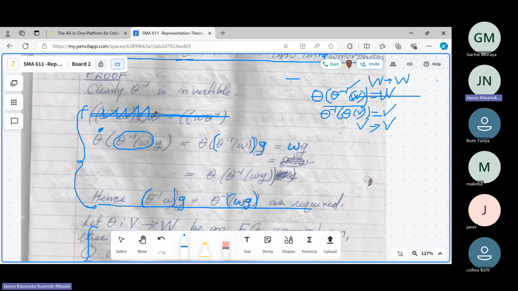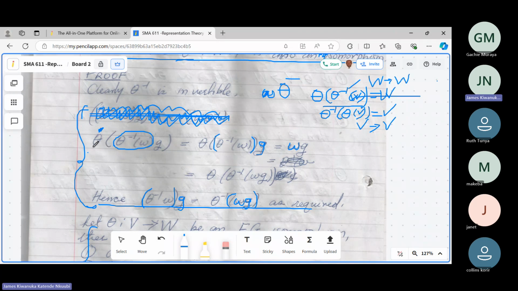This is using the notation, like I told you, the book writes the argument, instead of theta W, it writes W theta. It puts the argument on the left. So here I've used the notation that you can ignore this first line. This one was using the notation in the book, so it needed to be crossed. So the one we are using is this.